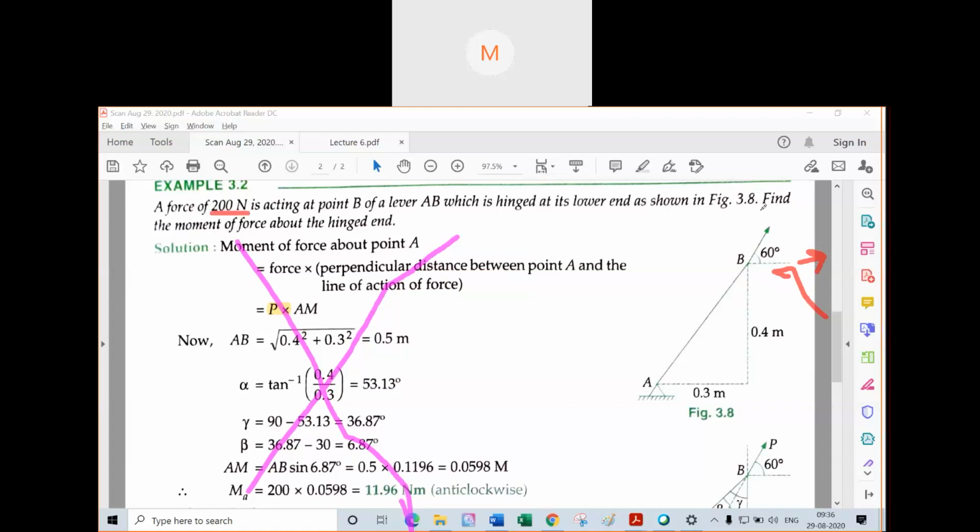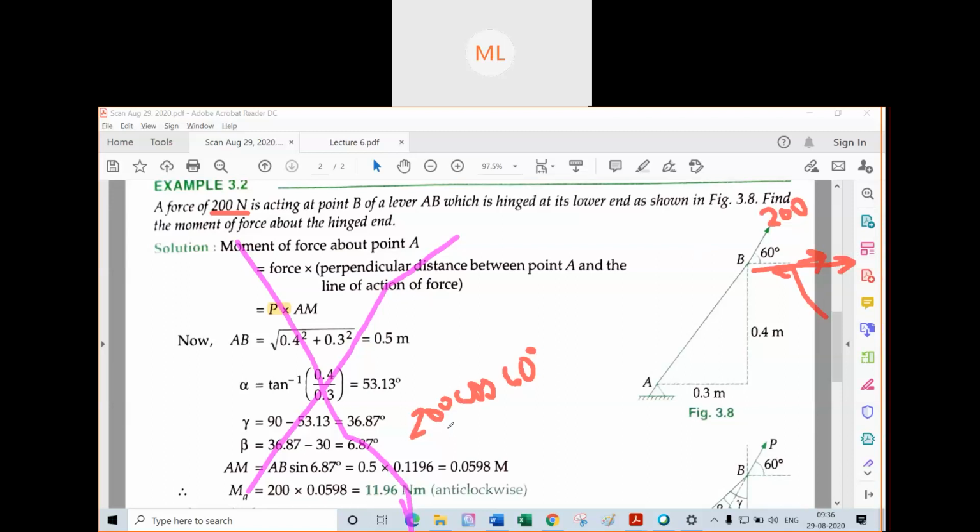So if this is 200, so this side will be 200 cos 60. Yes or no? So we get the force on this side now. Yes or no? Okay, so after that, we got the force only.